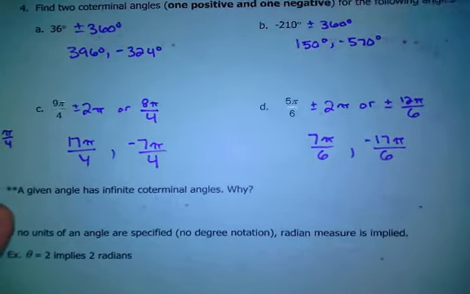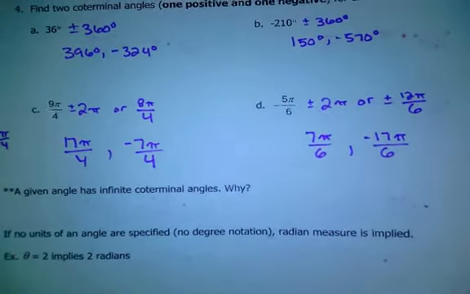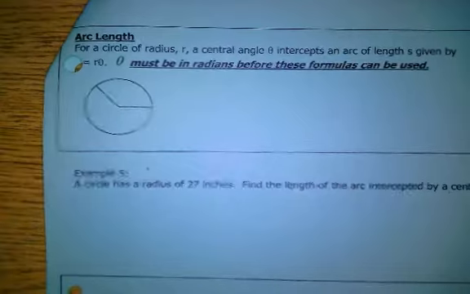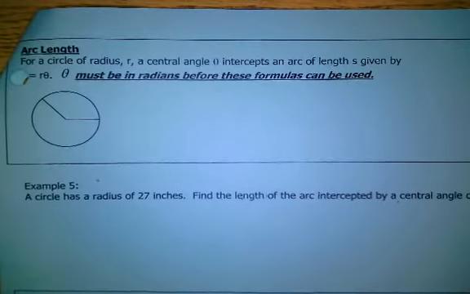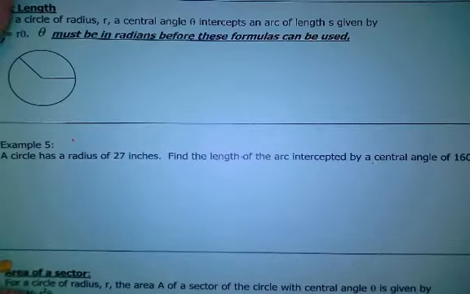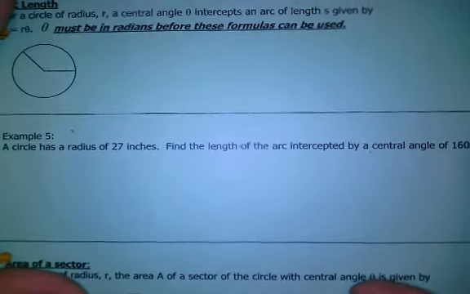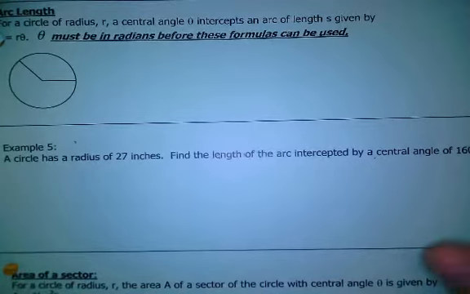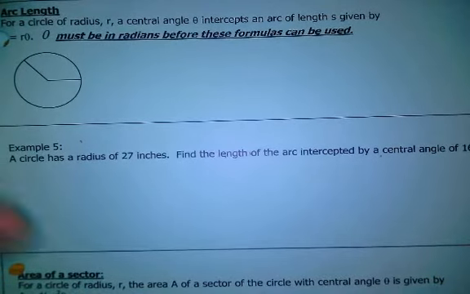Alright, we cool here? I talked about everything else that's on here, so let's just do the very last thing, talk about arc length. We talked about this already a little bit: we measure arc length in terms of radians. So for a circle, we need everything in radians. We cannot measure arc length with degrees.